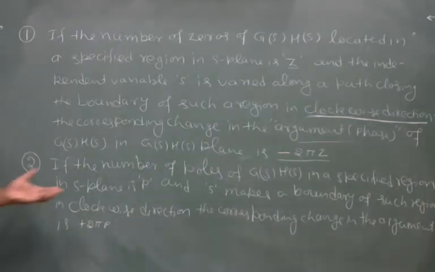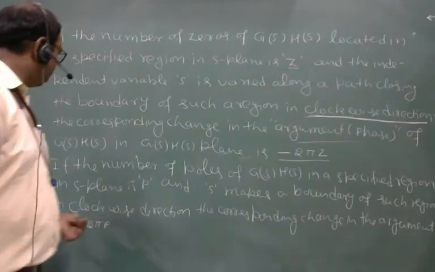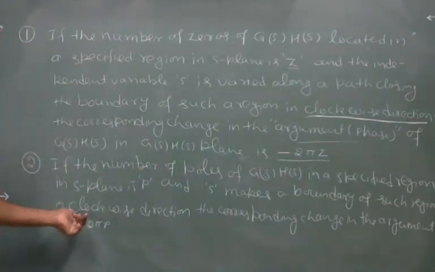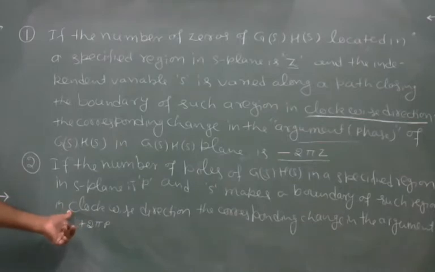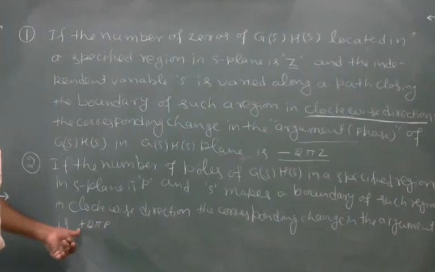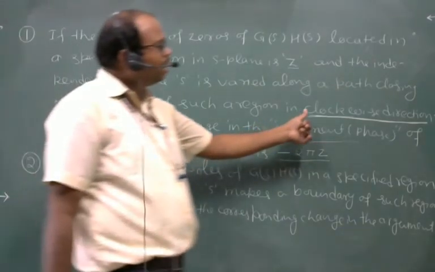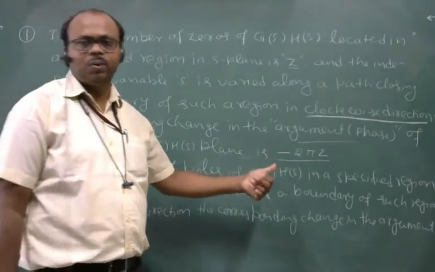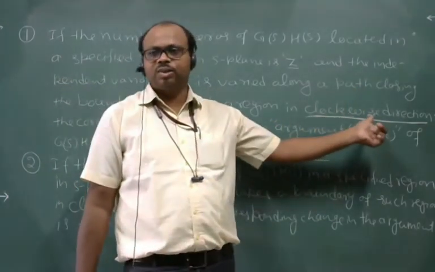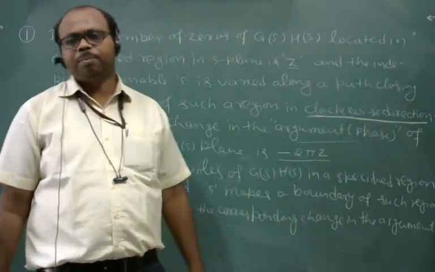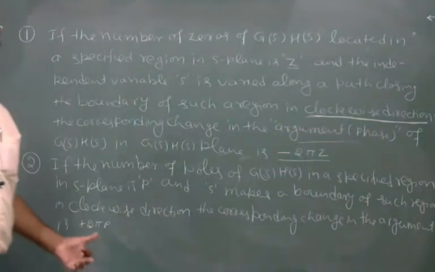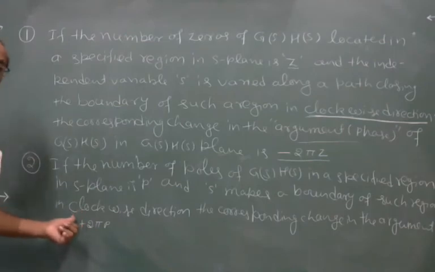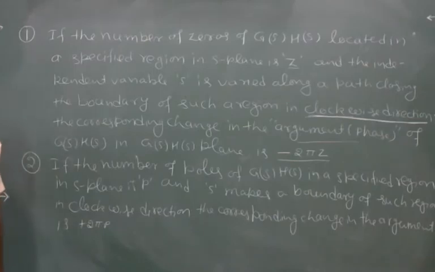Look at this point. Here also the boundary is in clockwise direction, but the angle is positive. I told you that if the clockwise direction is there, then phase will be negative, and if anti-clockwise, the phase will be positive. How is it possible?